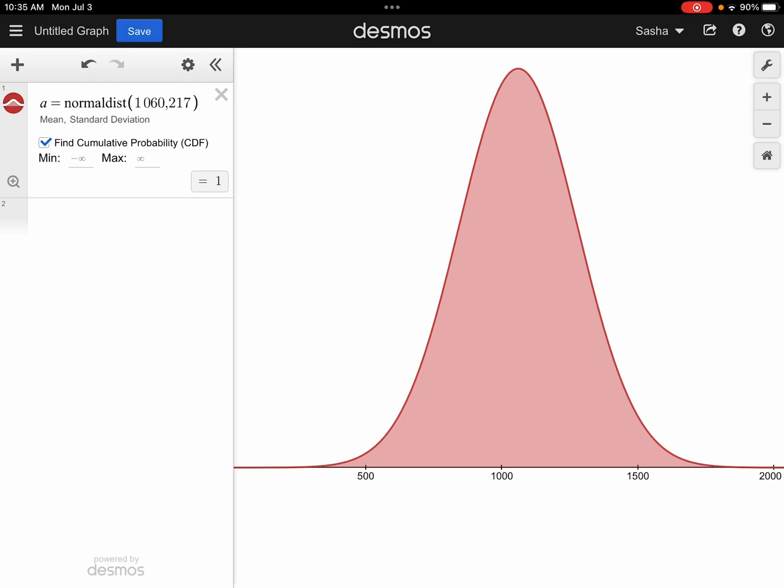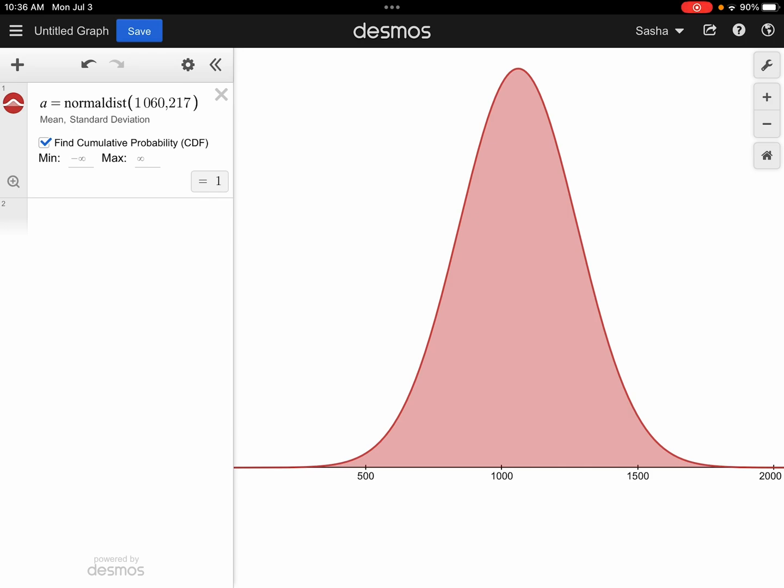Basically, everything under the normal curve has a value of 1, because there's 100% probability that a data point falls under this curve. So this is going to pop out probability in decimal form. We then turn it into a percent, which should be something we're good at doing by now.